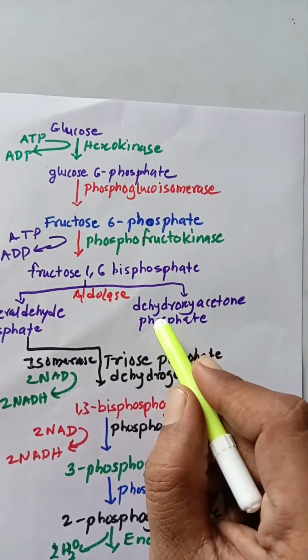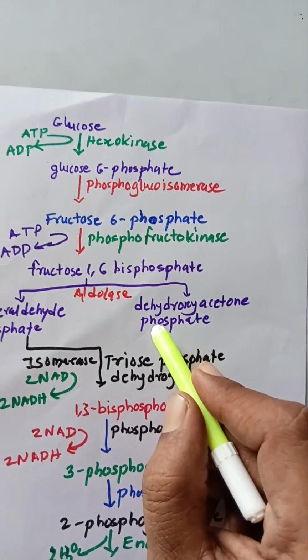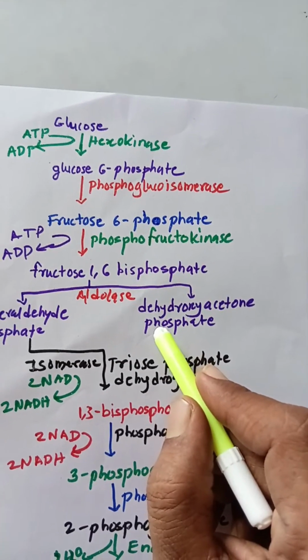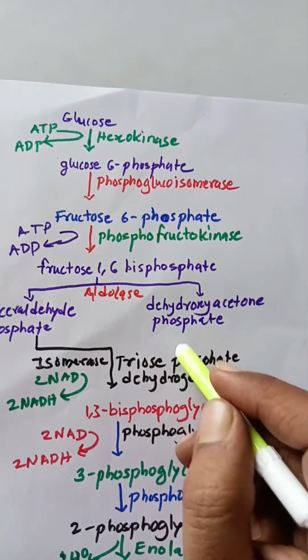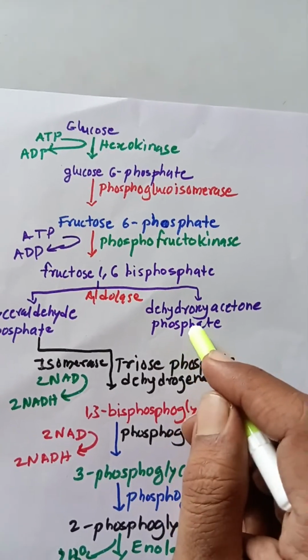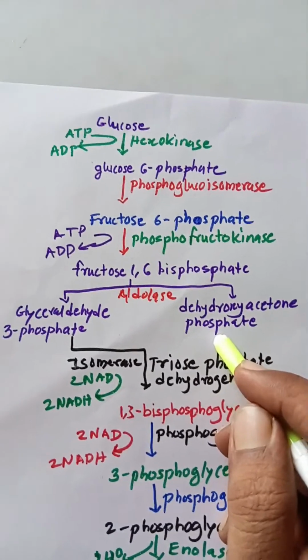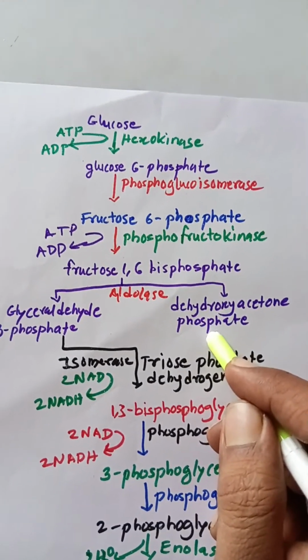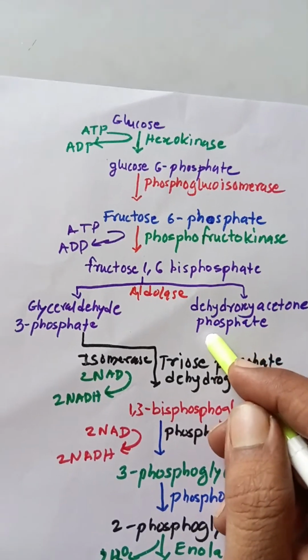Then you say the acetone can also be applied there, and that should be covered with a phosphate. This is your theory, which is crazy, but for remembering this stuff, it's okay. Dihydroxyacetone phosphate.